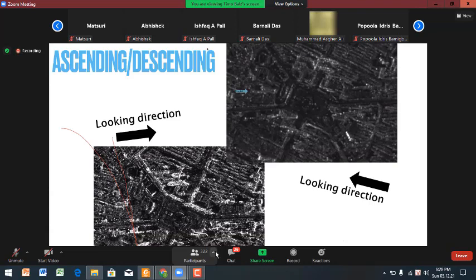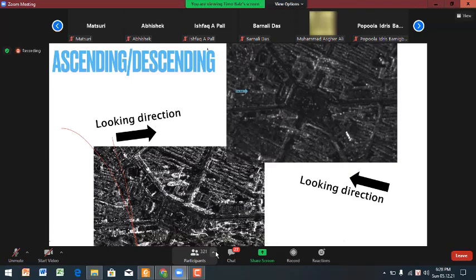The Earth is turning right under the satellite, right? And one time the satellite comes up, ascending, and then it goes down, descending, ascending, descending. And so each point on the Earth, because the Earth is rotating, can be seen from ascending direction and then another time from descending direction.